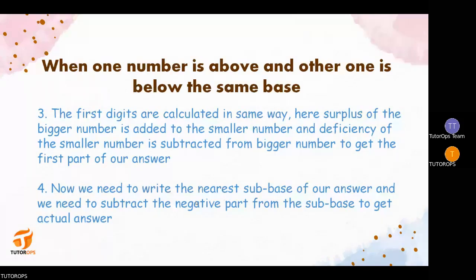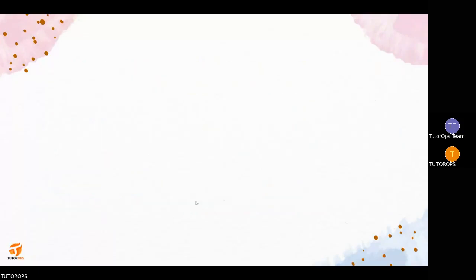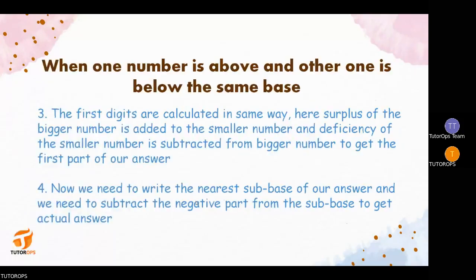So let me take an example of it. Then, what is step 4? At step 4, I need to write the nearest sub base of our answer, and we need to subtract the negative part from the sub base to get the actual answer. So let me take an example of it.